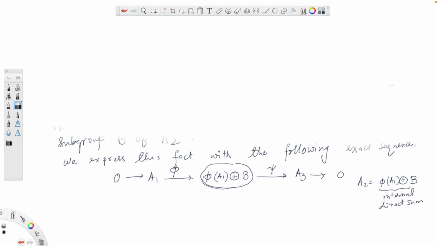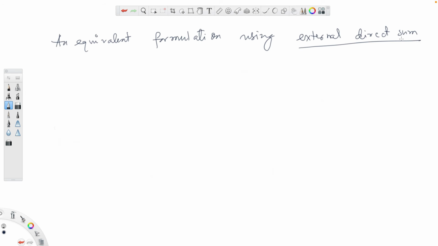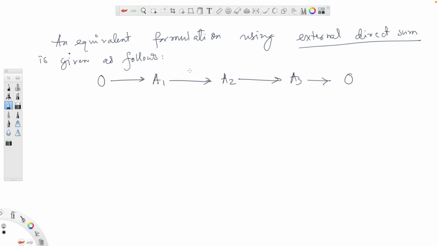We are given the exact sequence 0 to A1 to A2 to A3 to 0, with maps phi and psi.